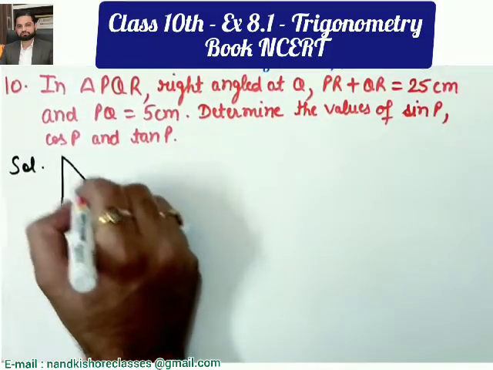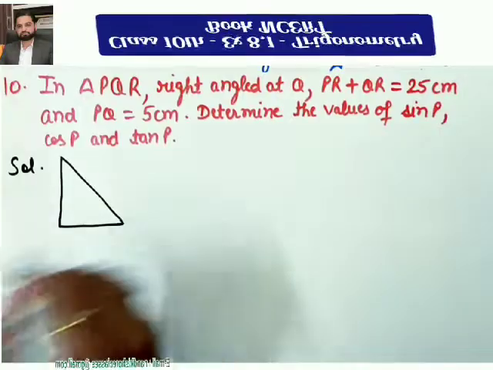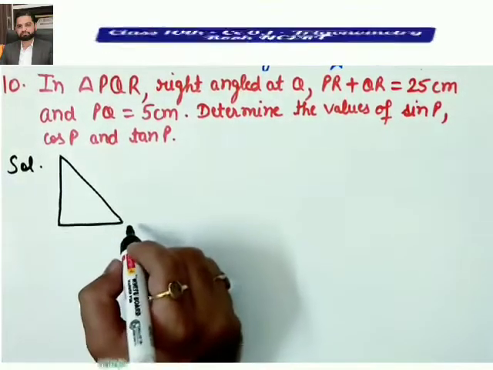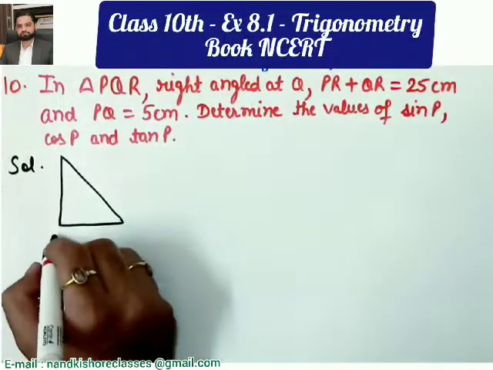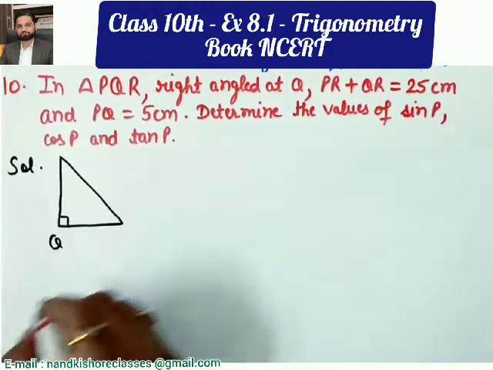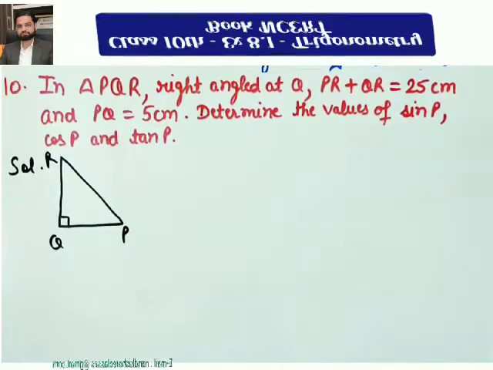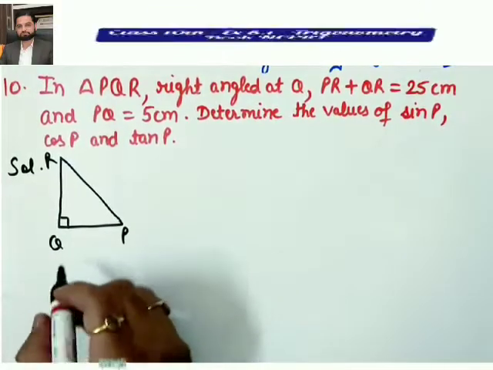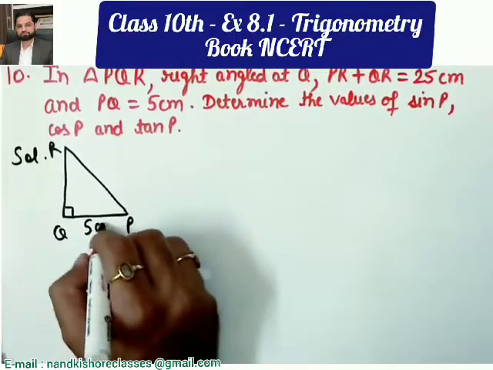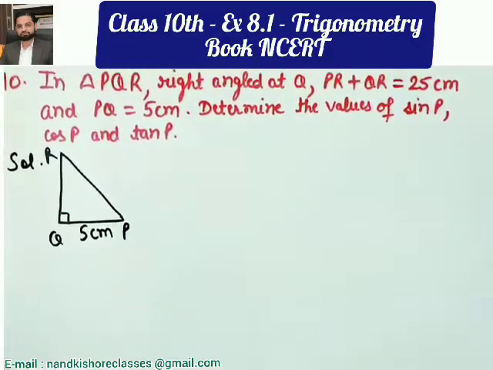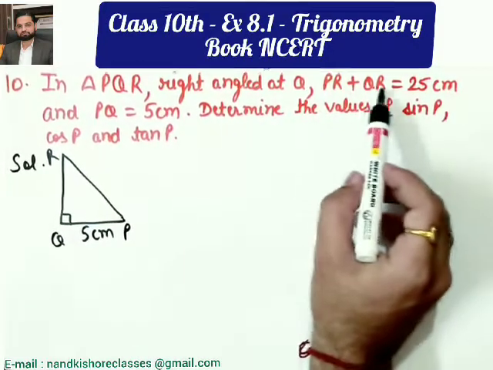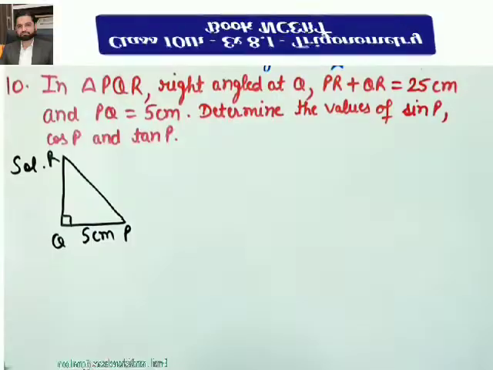First we need to draw a diagram here. This is the diagram. Triangle is given as PQR right angled at Q, so I'm making a 90-degree angle at Q, so P, Q and R. PQ is given as 5 centimeter, so let us consider PQ as 5 centimeter. PR plus QR is 25 centimeter.